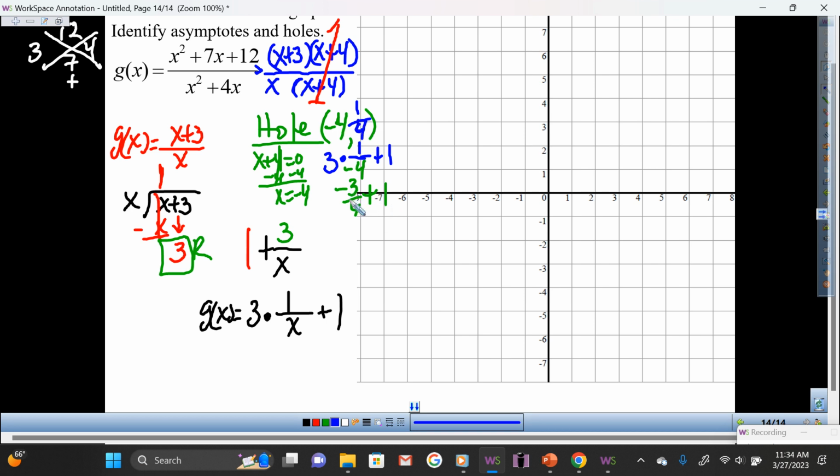Yeah? All right. So, VA, X equals; HA, Y equals. So our HA is 1. Our VA, since there's nothing there, it's 0. Oh, my bad. That is incorrect. Our VA is up and down, sorry.